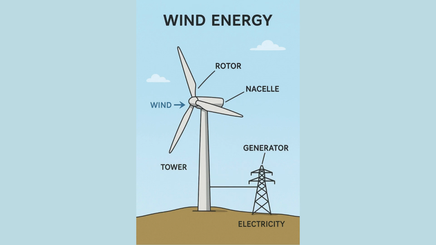The rotating blades spin a rotor which is connected to the shaft, and the shaft spins an electric generator, which transforms the mechanical rotational energy into electrical energy that can then be fed into a power grid or used locally.